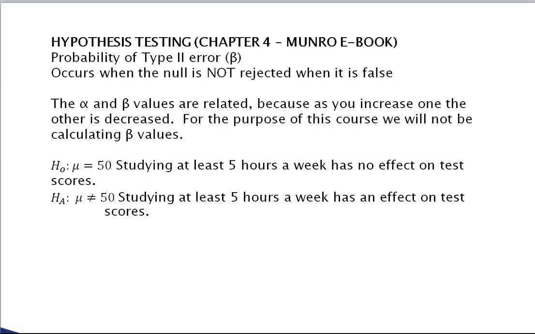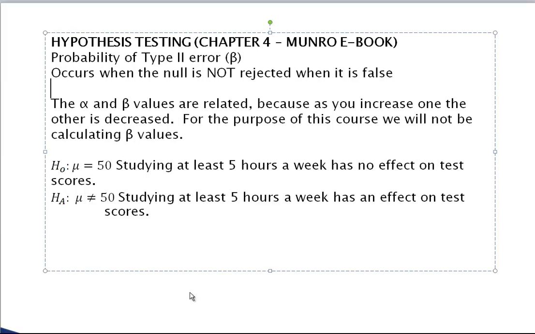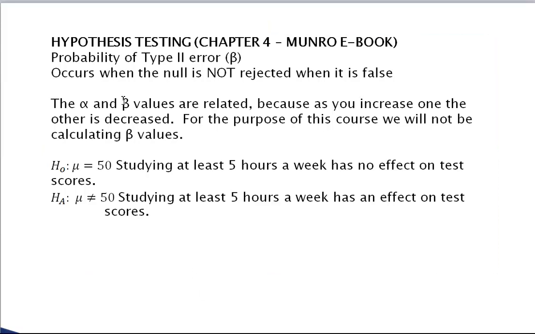And then also, we're going to look at a type 2 error. It's a little bit different. This occurs when the null is not rejected when actually it's false. So we're not rejecting the null even though we should. This is also the probability of a type 2 error. It looks like a B. It's called beta.